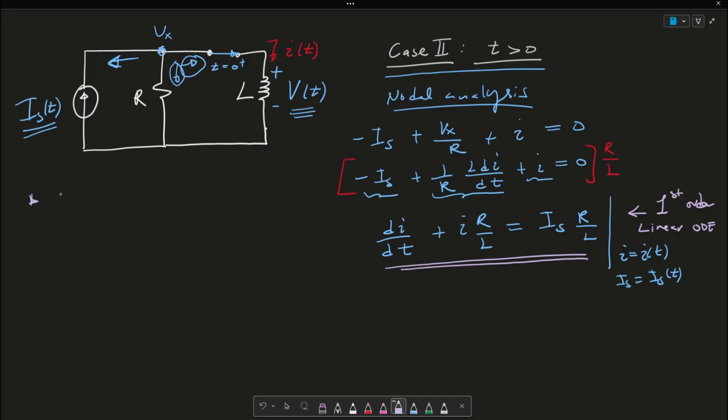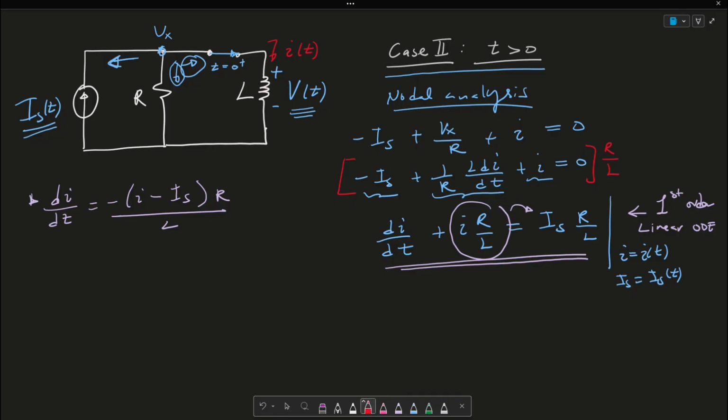I'm going to say then that di over dt is equated to minus (I minus is) over L times R. And again, I hope that makes sense. I just move this to this side of the equation.